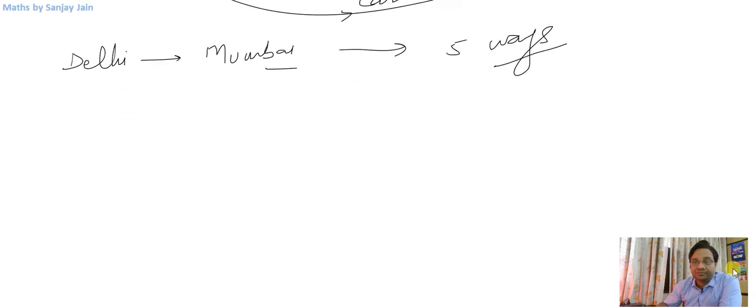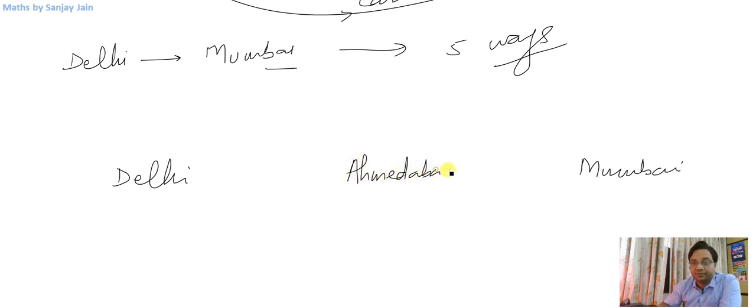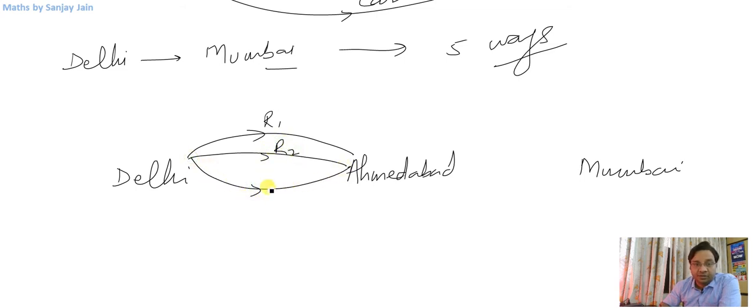Now I am putting a condition here. Now you have to travel from Delhi to Mumbai, right? And you have to go through Ahmedabad. Okay. So from Delhi to Ahmedabad, you can travel through this train, or let us say C1, your car, or bus.